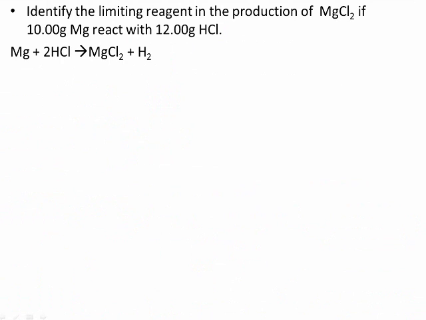Now let's try this one. This one has grams given and grams produced. Now these are just like those stoichiometry problems, except you're going to be doing two now. You're going to be doing one for magnesium to magnesium chloride, and then one for hydrochloric acid to magnesium chloride. The first one we're going to do is for magnesium.